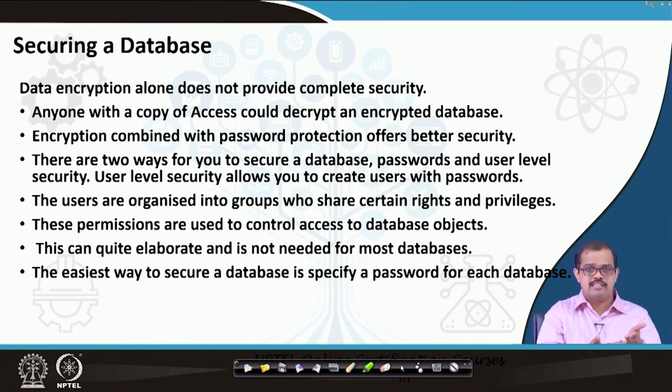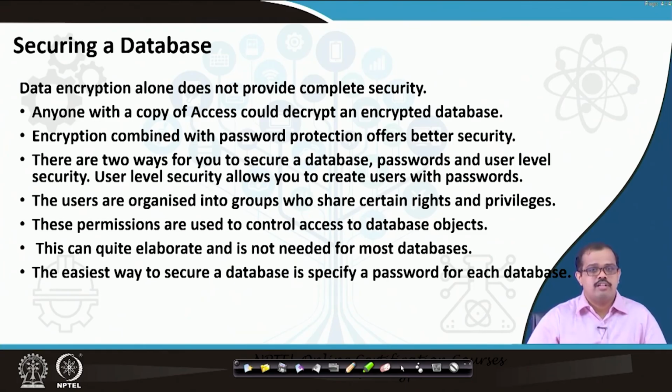The teacher logs in as administrator and unlocks it, and only then will you be able to look at it. So only certain users have certain privileges, but the administrator, or the database creator, will have overall control of the database. These permissions are used to control the entire set of database objects.